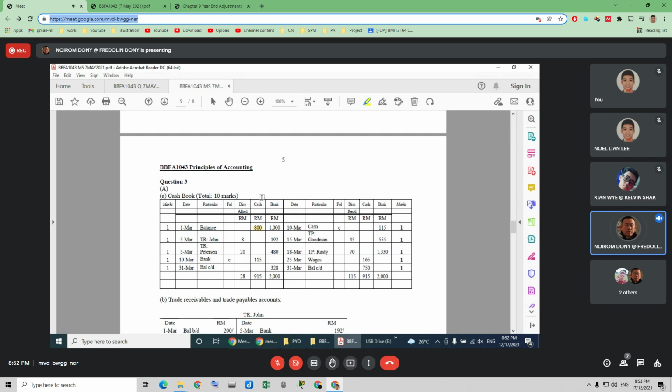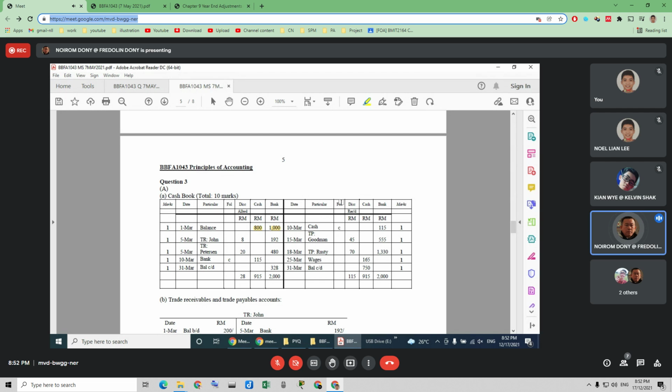That is indicating balance brought down, so it is a debit balance. And balance at bank, 1,000. That one is also an opening balance, so 1,000 under the bank column. That is the first thing we have to record.